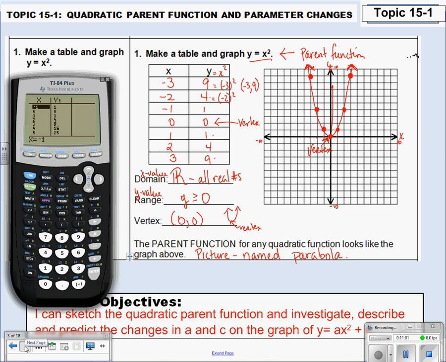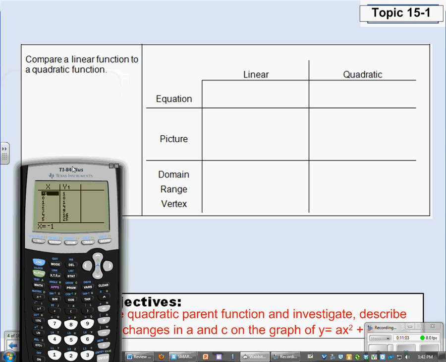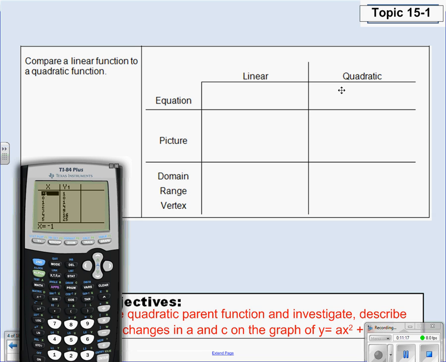So now, let us compare. What is the difference? We're going to compare a linear function to a quadratic function. So what we know about quadratics, we're going to write in this last column what we just found out. Our equation for the quadratic is f of x equals x squared, or you might see it as y equals x squared.